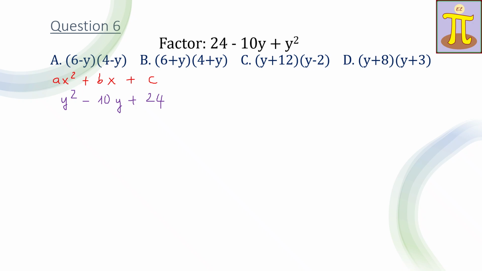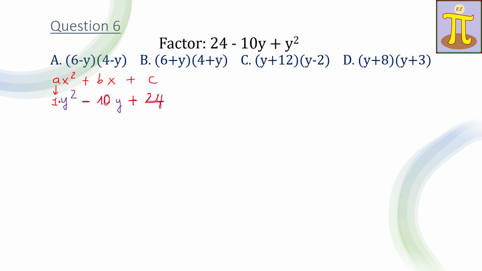This is the quadratic expression. Our coefficient a in this case is 1, because 1 times y squared is y squared, then b is negative 10, then c is positive 24.